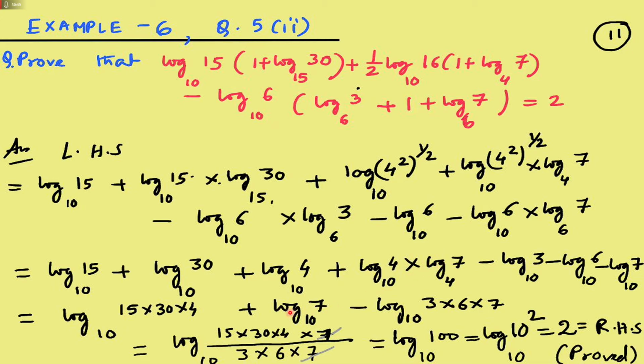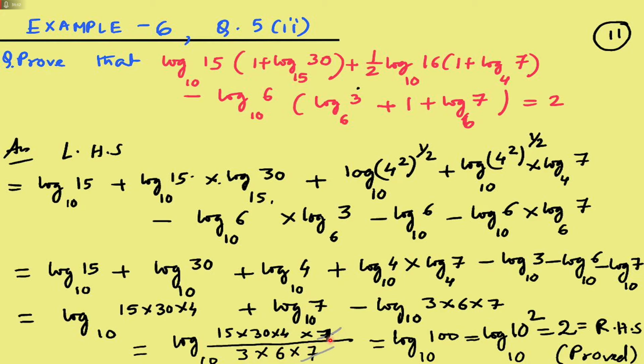This will give you log 7 base 10, and these three are in addition form if you take common of minus sign. So they will product, that means log base 10 in base is 10 and the value is 3 into 6 into 7. Now these two are in addition form, so you have 15 into 30 into 4 into 7, and this is in subtraction form, so you will get 3 into 6 into 7.